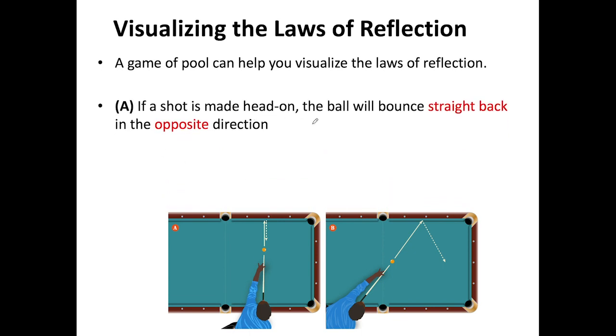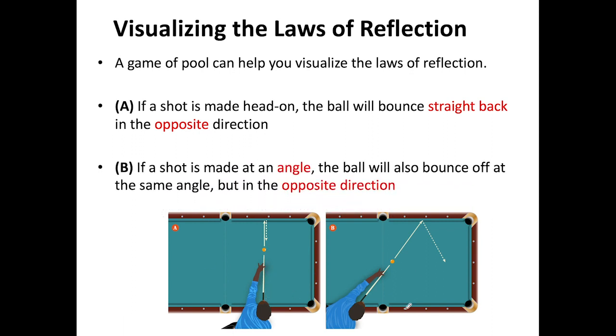So if a shot is made head on, the ball is going to bounce straight back. If the shot is made at an angle, the ball is going to bounce off at the same angle, but in the opposite direction. We can think of that again: that normal there, this angle and this angle are going to be the same. So if this is 20 degrees, this is also 20 degrees.